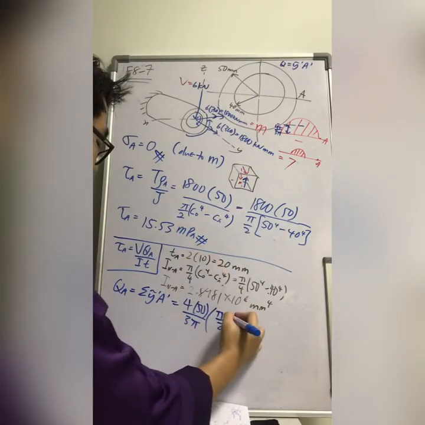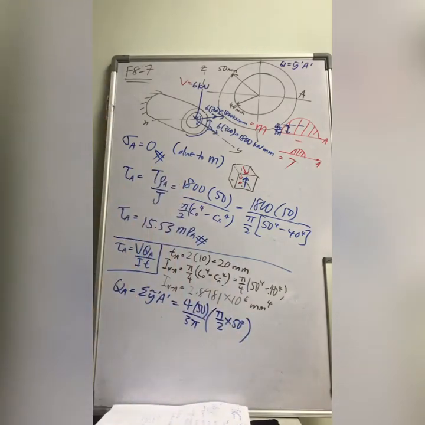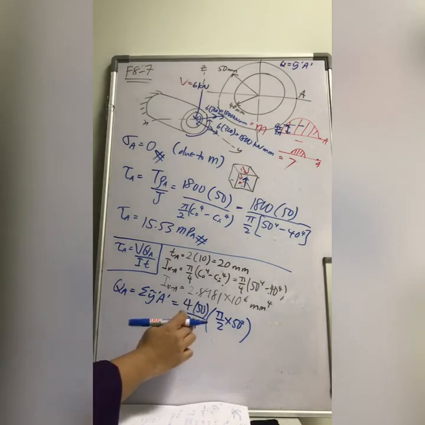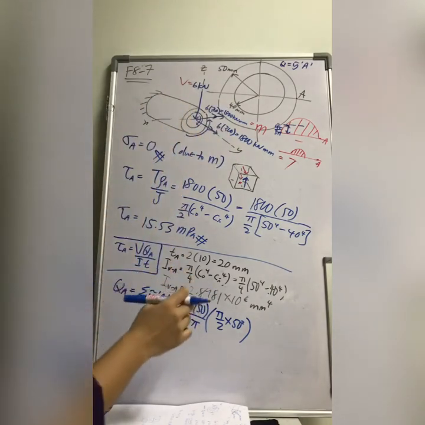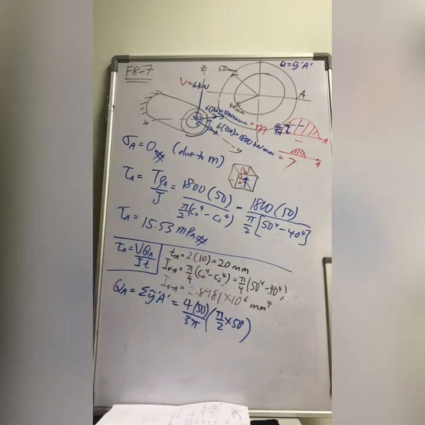r squared, which is half 50 squared. It's okay. 4r over 3 pi with 50 millimeter radius for the semicircle, and the area is pi over 2 r squared. Pi over 2 because it is a semicircle, half of the circle, right?